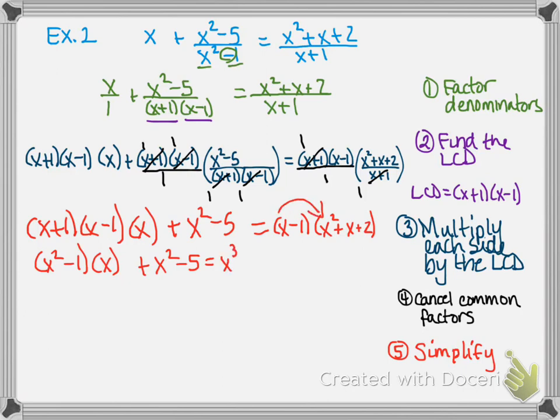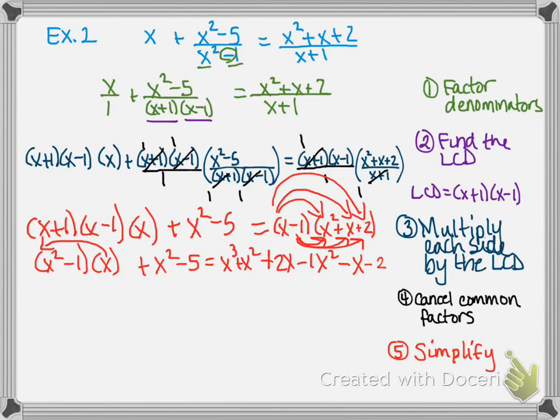X times x squared is x cubed, x times x is x squared, x times 2 is plus 2x. Negative 1 times x squared is negative 1x squared. Negative 1 times x is minus x. Negative 1 times 2 is minus 2.